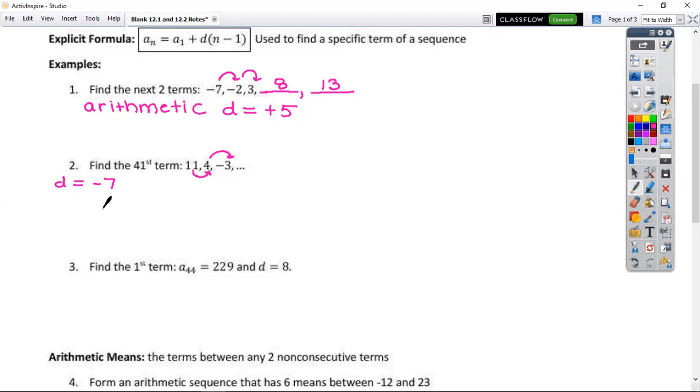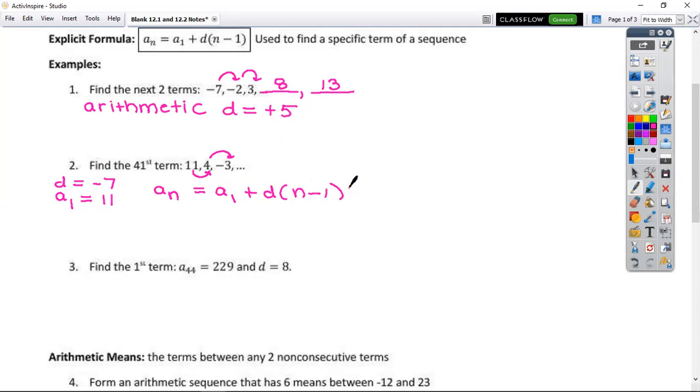So you're going to take this and you're going to write your formula. So I know that a sub 1 is equal to 11. And you're going to write your explicit formula because that's used to find a specific term. So I'm going to go a sub n equal to a sub 1 plus d times n minus 1.